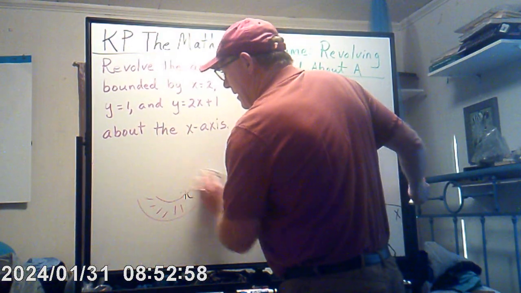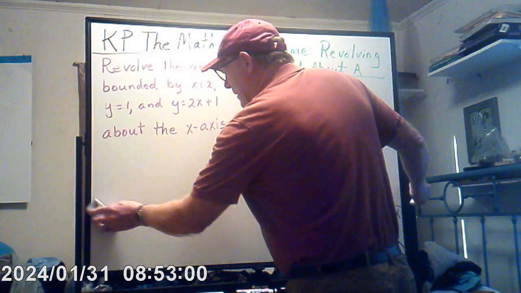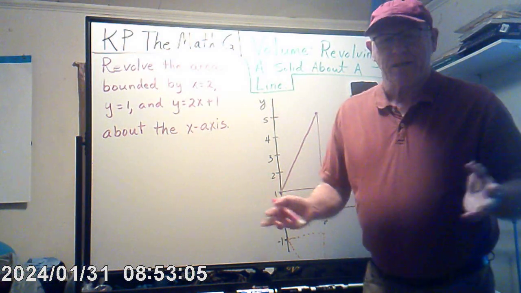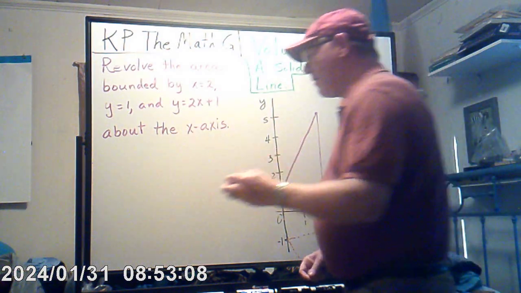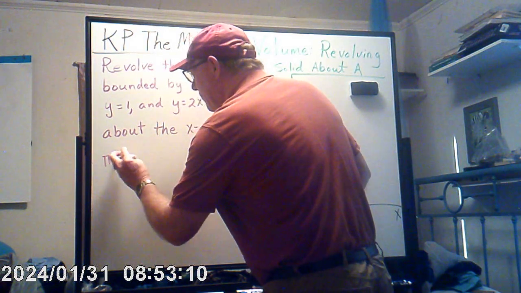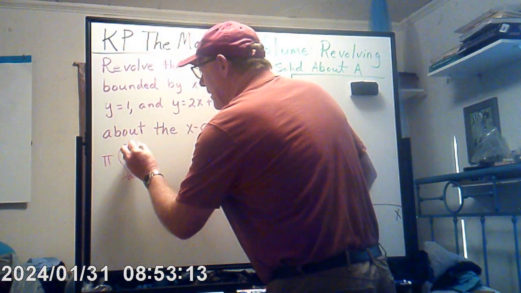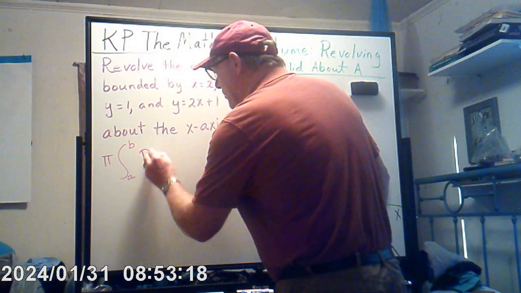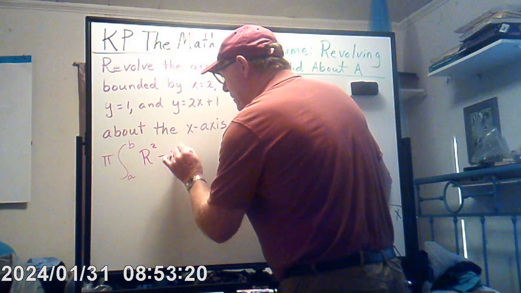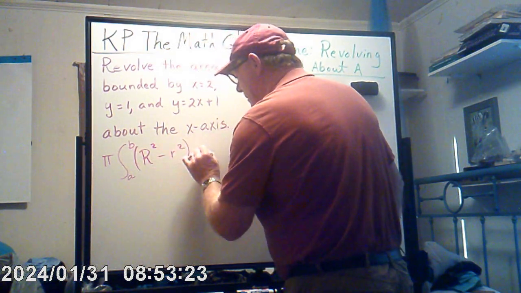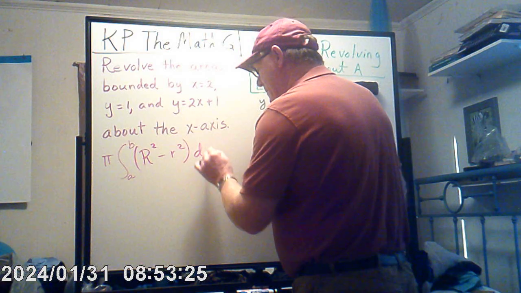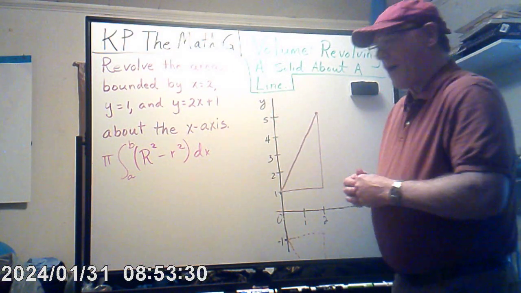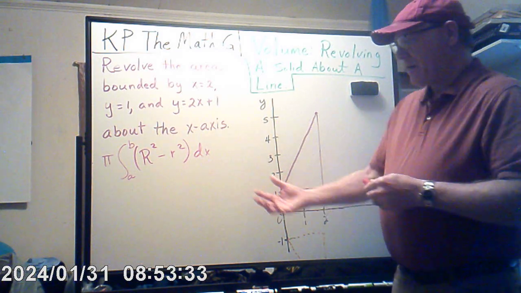I showed that in a previous video, but if you haven't watched my videos, this is a good time to see that. So you'll have pi, and you'll go from a to b, then big R squared minus little r squared. And that's always the case, dx or dy, depending on which way you're running your interval.